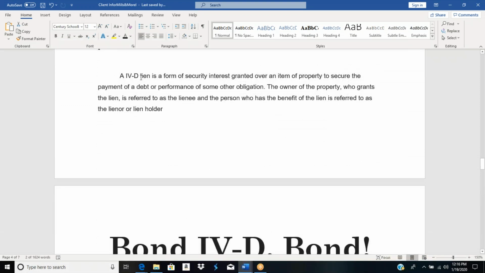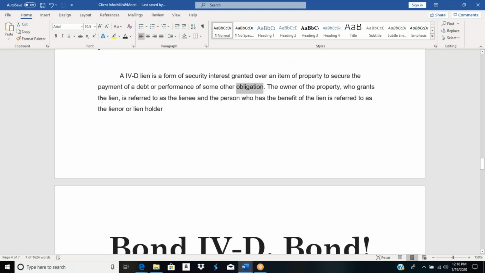Look. A 4D lien is a form of security interest granted over an item of property. So what is the item of property that the lien is granted over? The Social Security number. To secure the payment of a debt. Whose debt? Or performance of some obligation. Well, where's the contract?